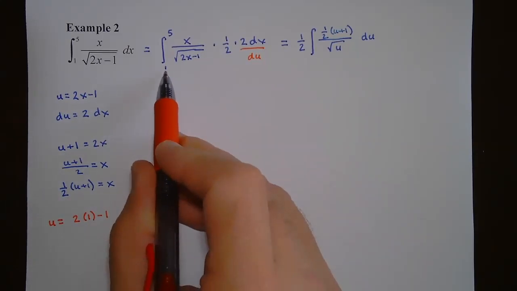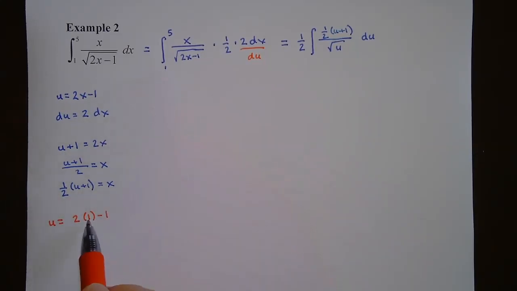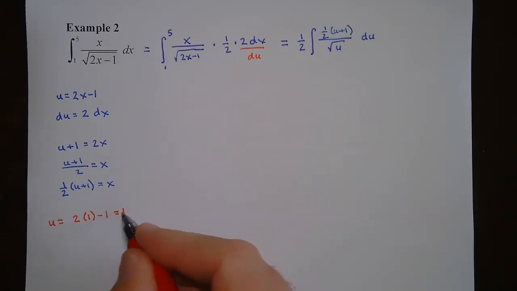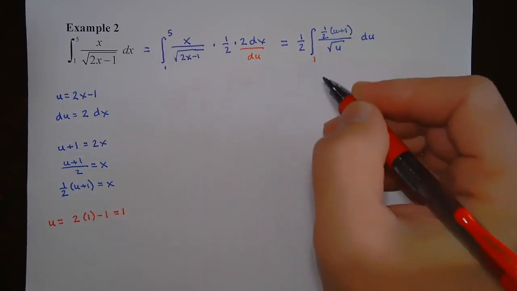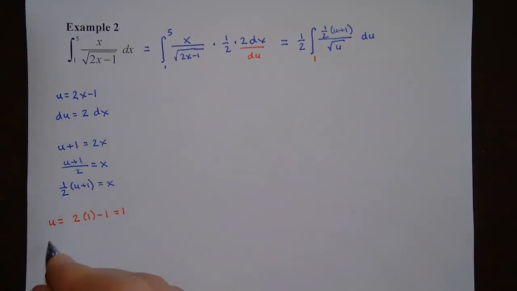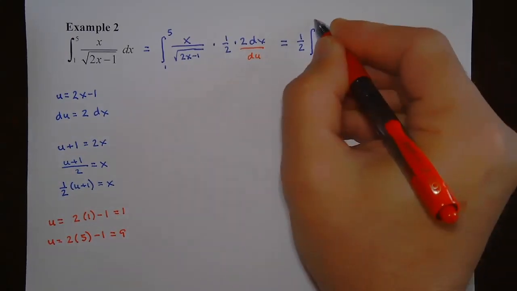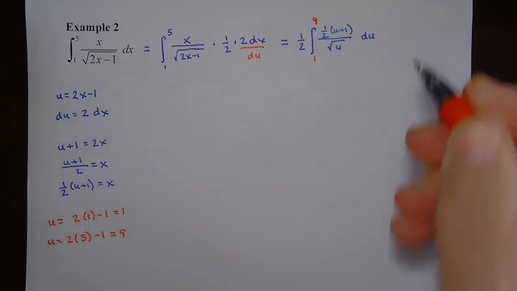Because the lower limit right here is 1, and that's this 1 right here. So 2 times 1 is 2, minus 1 is 1. So this stays 1, okay? Now, for the upper limit, that is 2 times my x, in this case my x is 5, minus 1. So 2 times 5 is 10, minus 1 is 9. So the upper limit in terms of u becomes 9, okay?